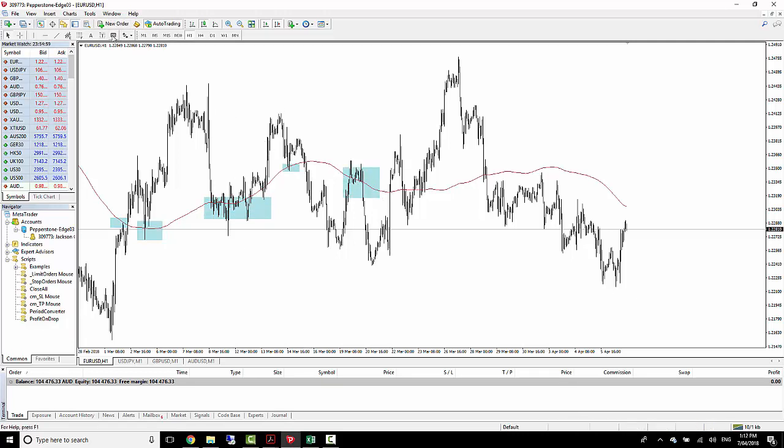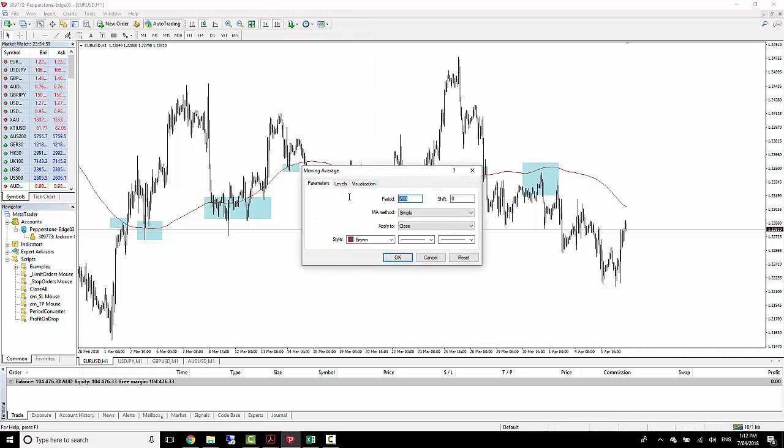We find that price will tend to use these particular moving averages as support and resistance lines.